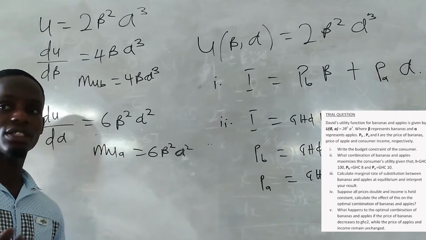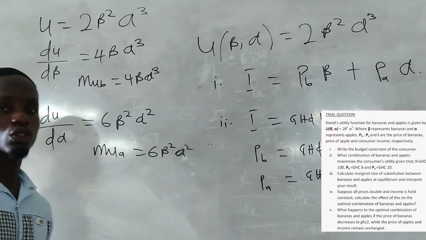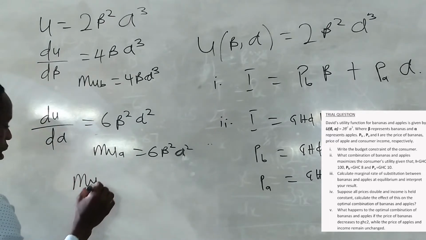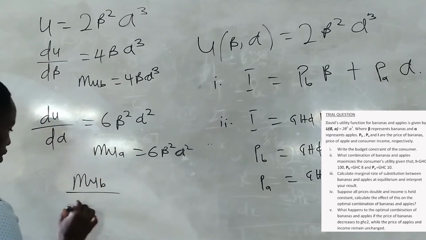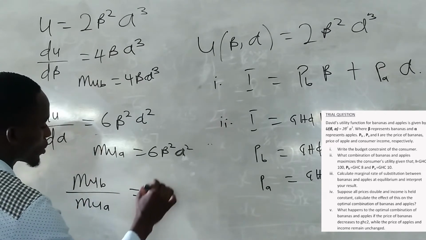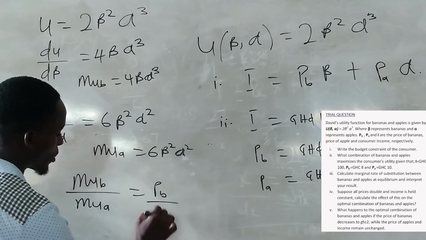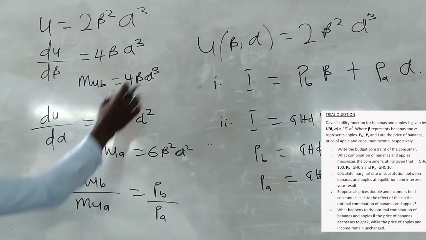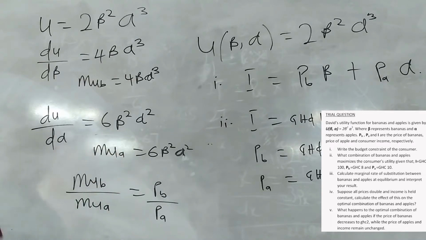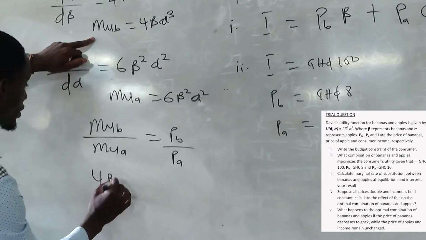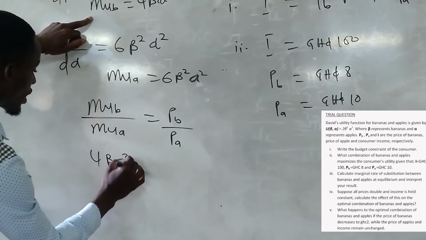We maintain our alpha, and so I'll multiply and take, and I'll have 4 beta alpha cubed. And I told you this here is the same as my marginal utility of beta. I hope you are following.